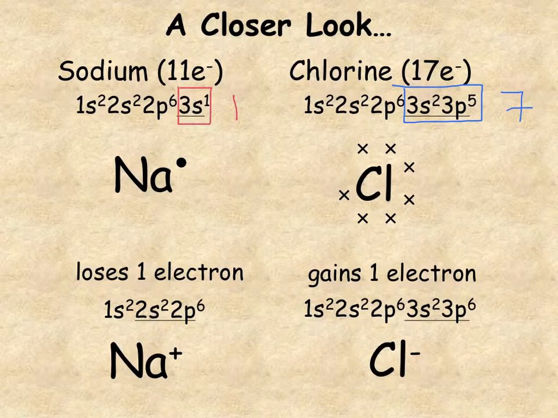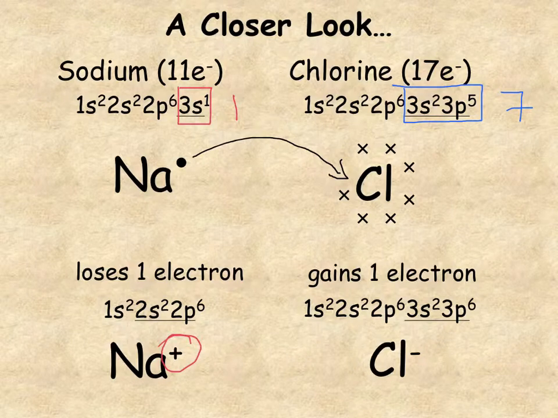And so what's going to happen is the sodium electron is going to be donated over to the chlorine, and therefore we're going to be left with a sodium plus here, and a chlorine minus here, right? And therefore when we do that, we're now back to the configuration of a full octet here.